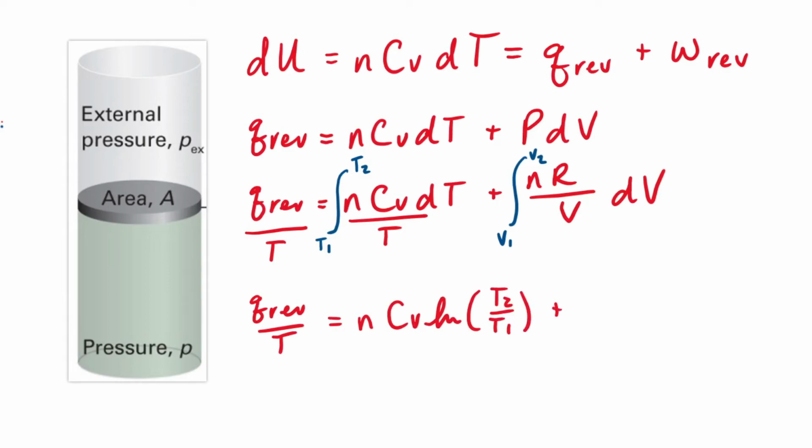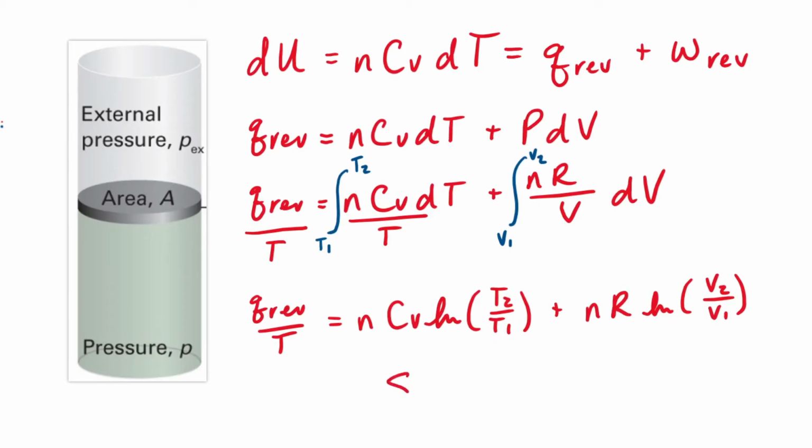And these we can integrate to get nCv ln of T2 over T1 plus nR ln of volume 2 over volume 1. Now we have an equation for the reversible heat per temperature, which is only a function of temperature and volume, themselves state functions, meaning that the reversible heat per temperature is itself a state function. This is the state function we were looking for, one that we'll define as S and call entropy.